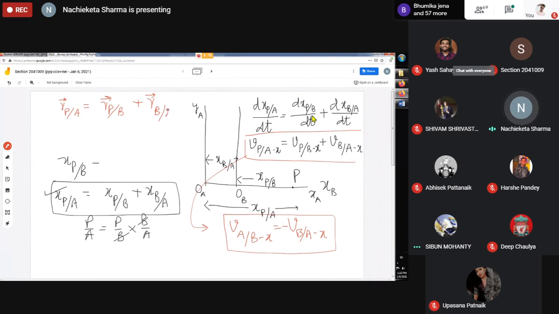Only I am using vectors, and from here straight away I can get a 3D relationship for relative velocity in space. And what is that?